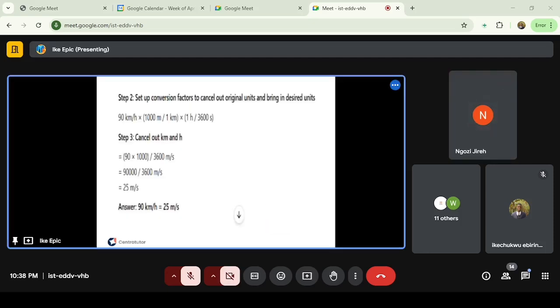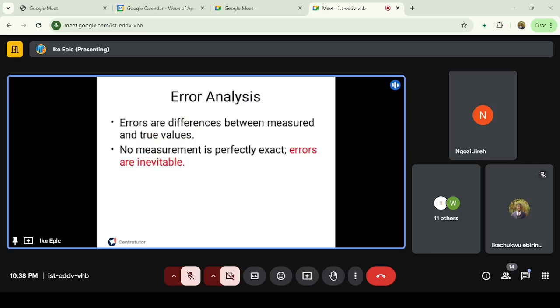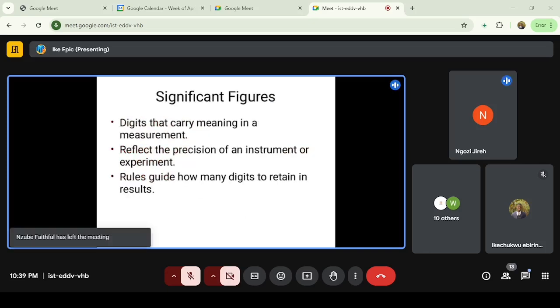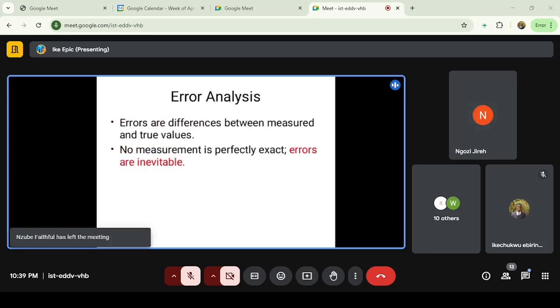Okay. In the absence of questions, let me wrap up with the final portion of this lesson, error and error analysis. Errors are inevitable. In every calculation we are doing, there is always a level of error, so long as it's human. Even computers perform tasks with some level of error.